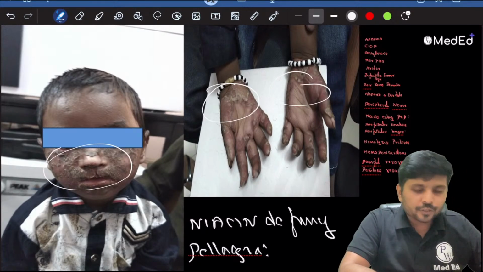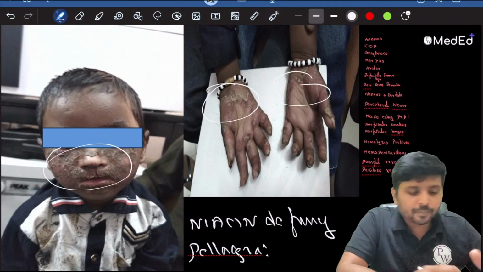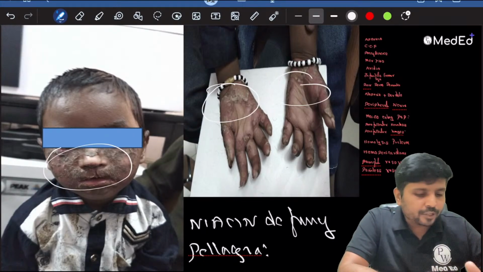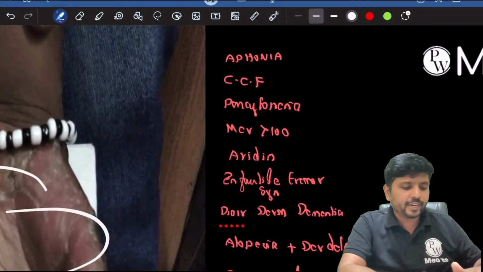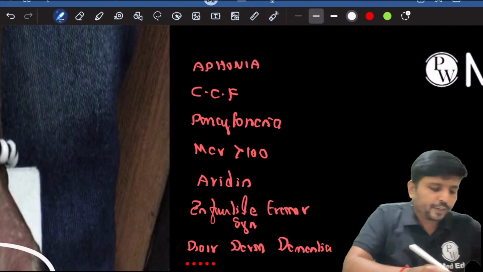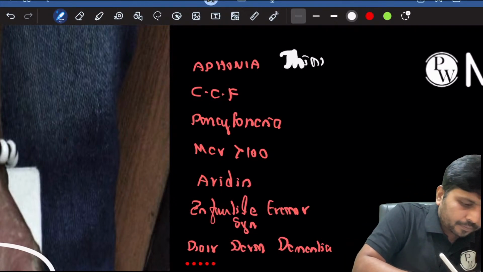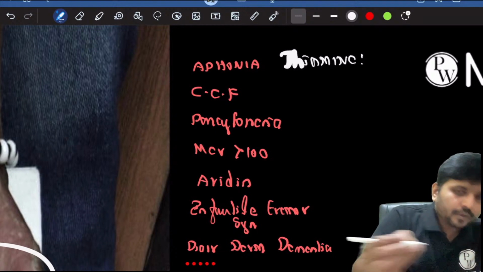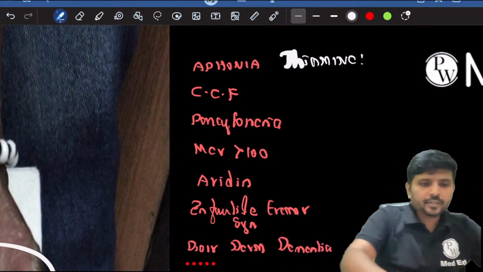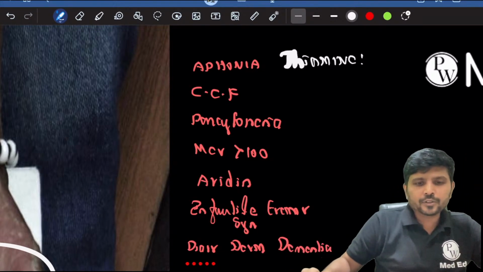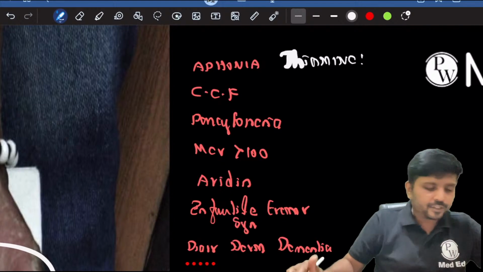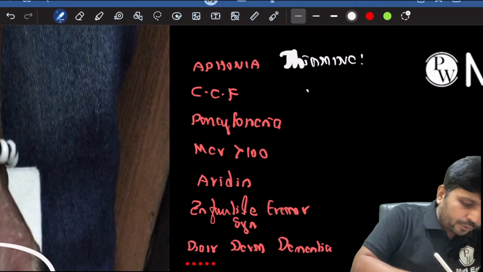So let's have some simple clinical points with respect to vitamins. What other picture based questions or MCQs can be asked with respect to vitamins? Beriberi in a newborn is due to thiamine deficiency. CCF again is due to thiamine deficiency.